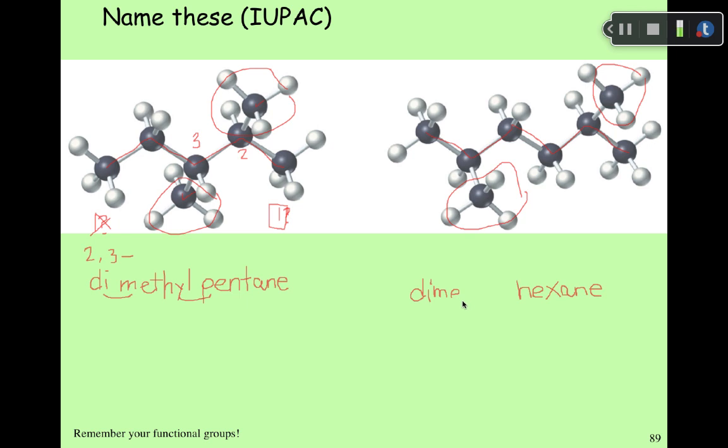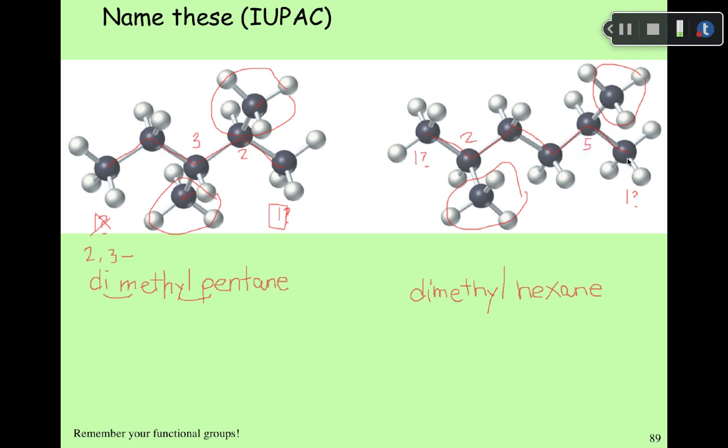Now, before we finish with the name, apparently we'll have to describe where those substituents are located. If you want to put numbers on the main chain, you're going to do it such that you give the lowest numbers to the substituents that are possible. And you either put carbon 1 on the right or carbon 1 on the left. In this case, if you look at it, that would put one of these substituents on carbon 2 and the other one on 3, 4, 5.